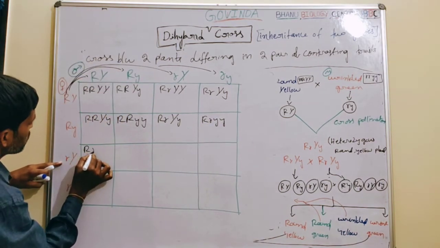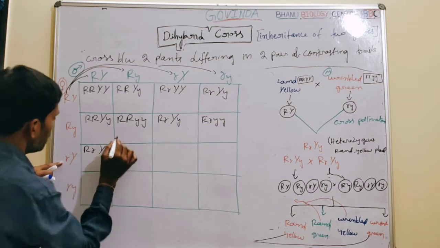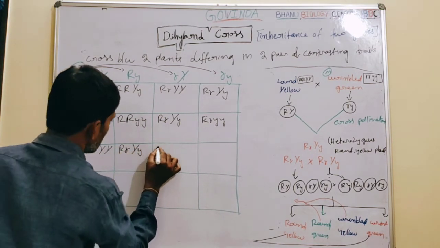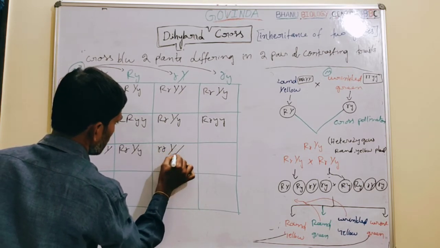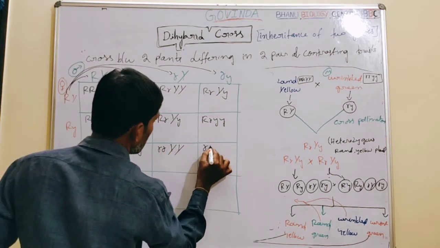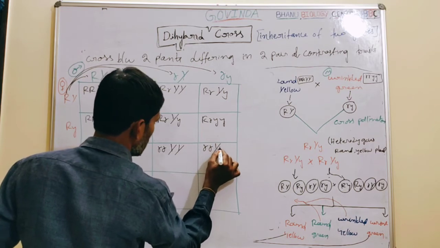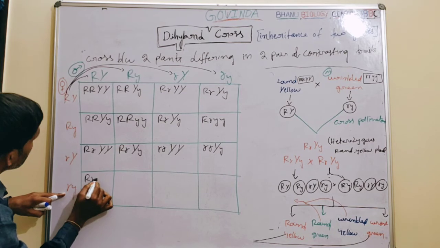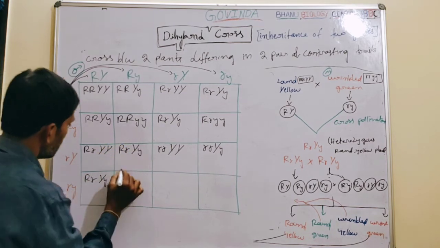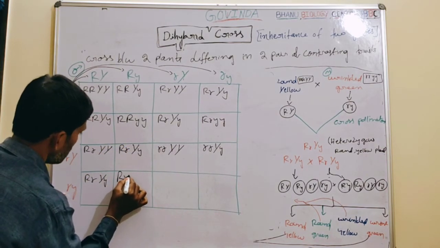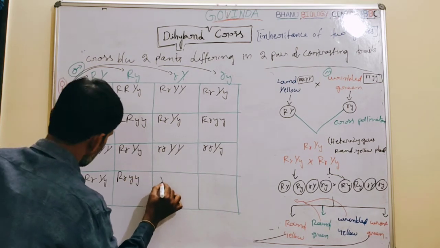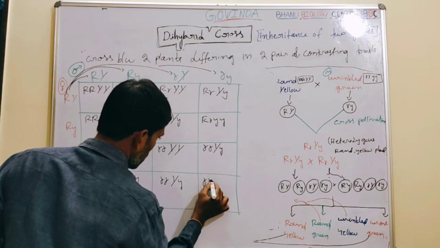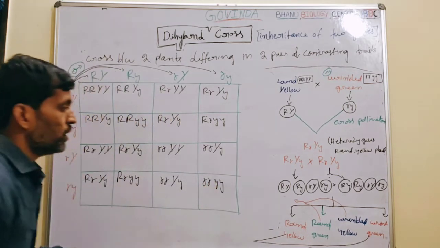So capital R, small r, capital Y. Then capital R, small r, capital Y, small y. Then small r, capital Y. Then small r, capital Y, small y. Then capital R, capital Y, small y. Then capital R, small y. Then small r, capital Y, small y. Then finally small r, small y, small y.